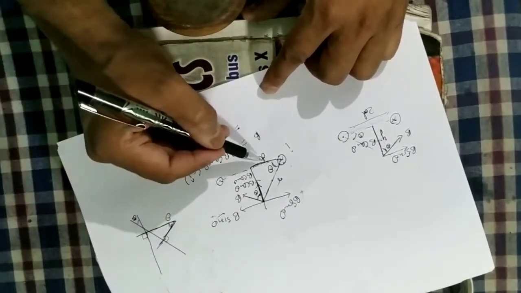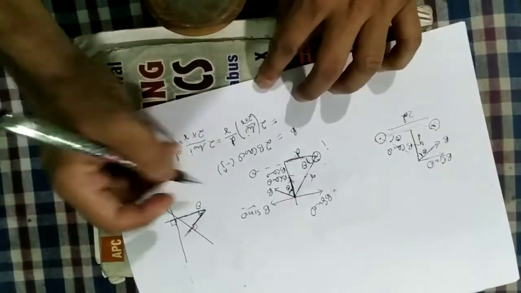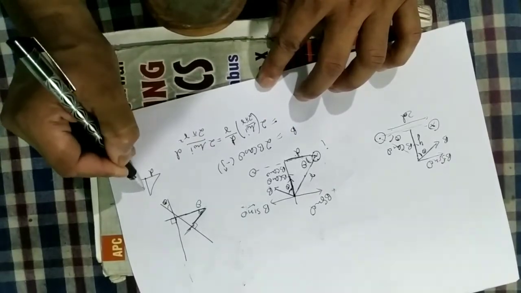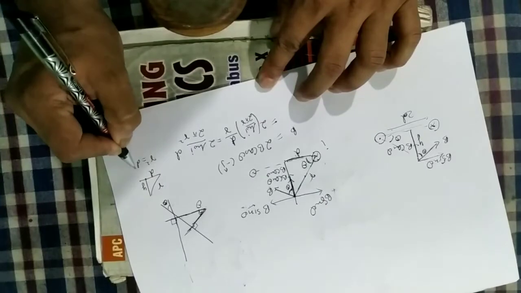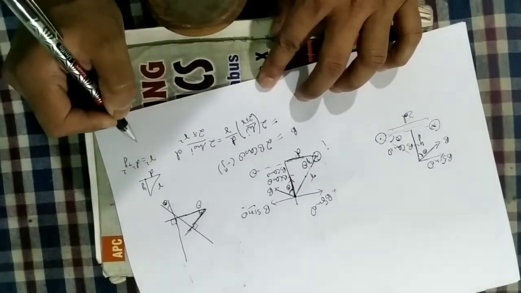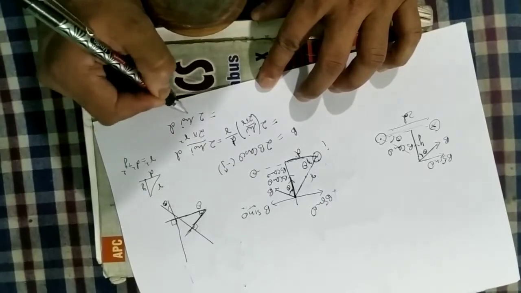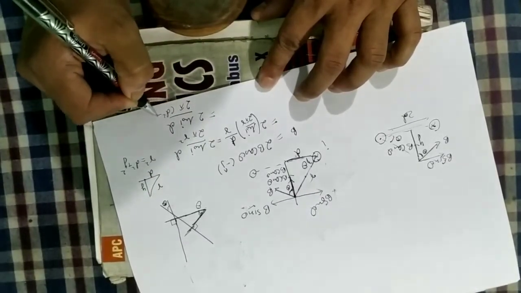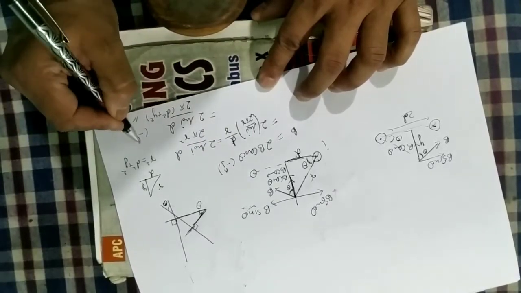Now if you have to write this in terms of d and y, if y is given to you, then we can use the Pythagoras theorem. Remember this is our d, this is our y, and this is our r. So I can write r square equals d square plus y square. So I can now write this as 2 mu naught I d divided by 2 pi (d square plus y square). So this is my final result, direction minus j cap.